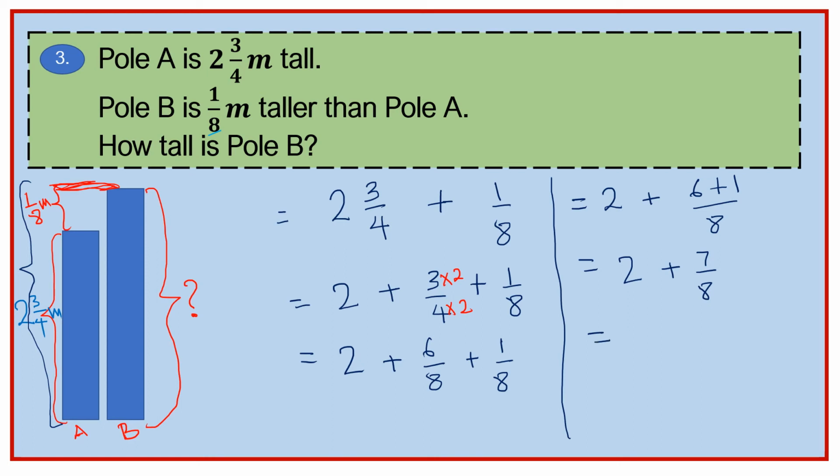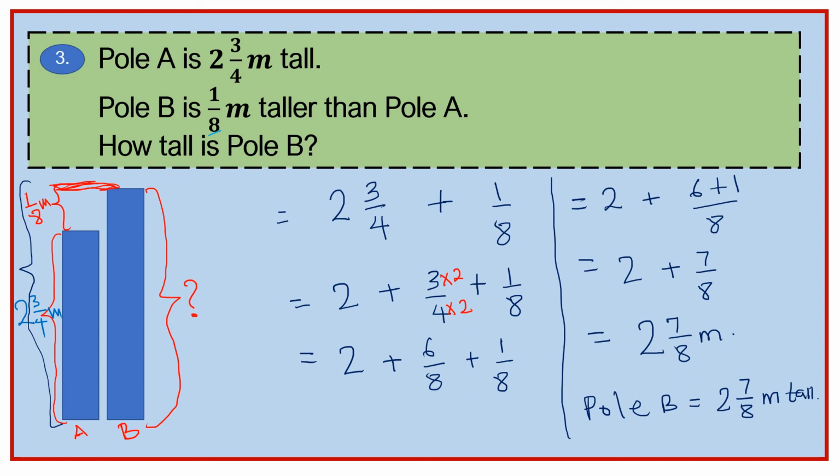And altogether we get 2 and 7 out of 8 meters. So it means that pole B equals 2 and 7 out of 8 meters tall.